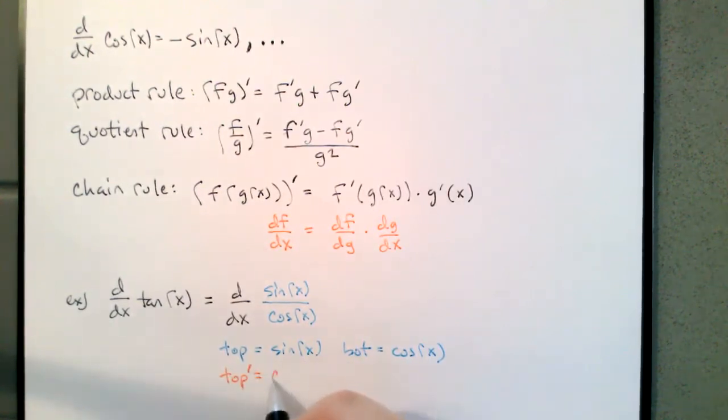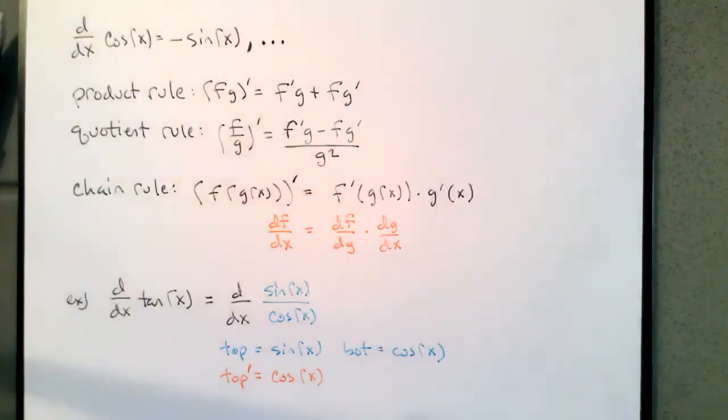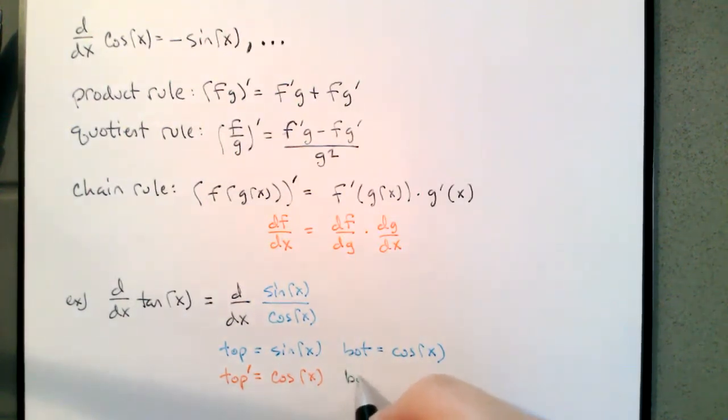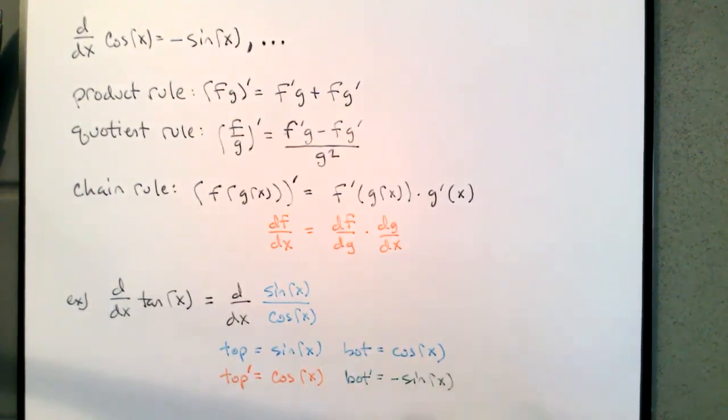So the derivative of sine is cosine. The bottom is cosine, and the derivative of cosine is negative sine. So the derivative of the bottom is negative sine x. Now I have the 4 parts that I need to plug things into the quotient rule.